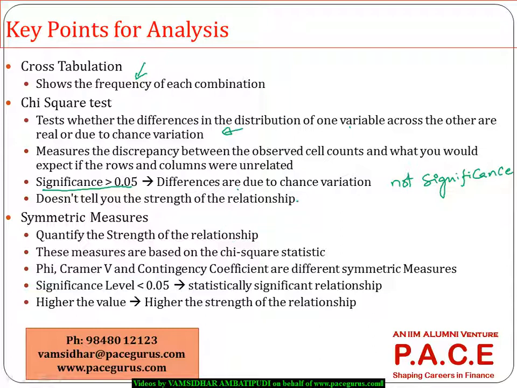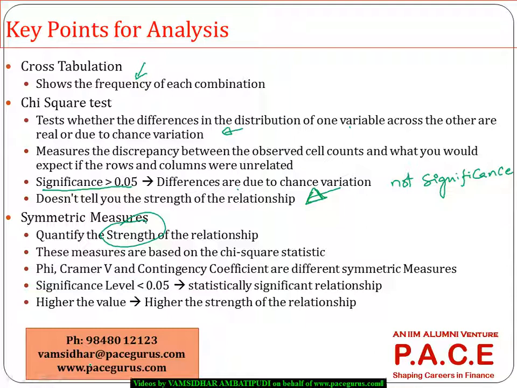So the chi-square test, though it does not tell you the strength of the relationship, we will go to the symmetric measures to identify the strength of the relationship. So the Phi, the Cramer's V, the contingency coefficient are the various symmetric measures that are there.